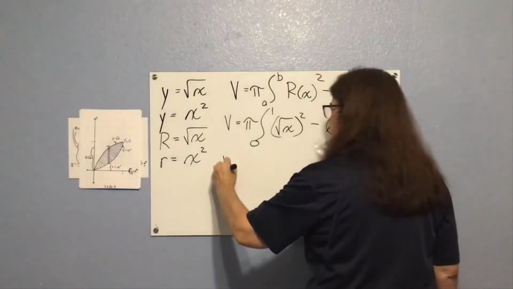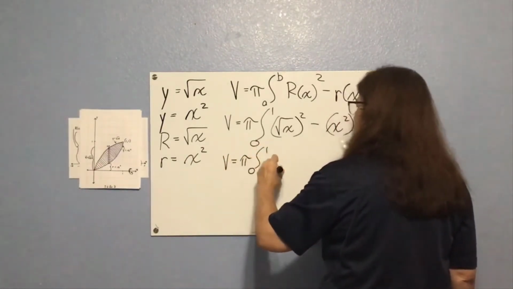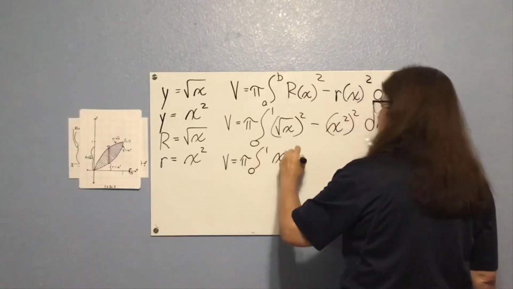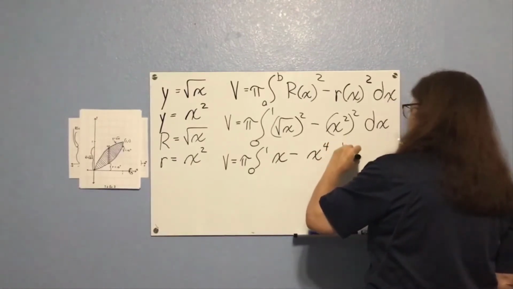Multiplying those out, I get from 0 to 1 just an x minus x to the fourth dx.